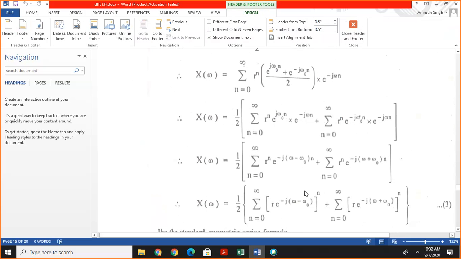And this equation can be written in this form.